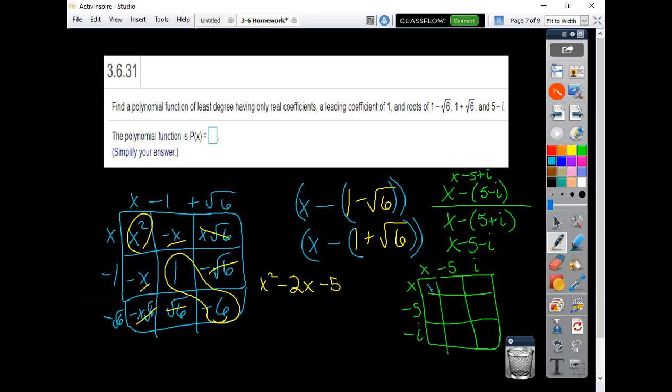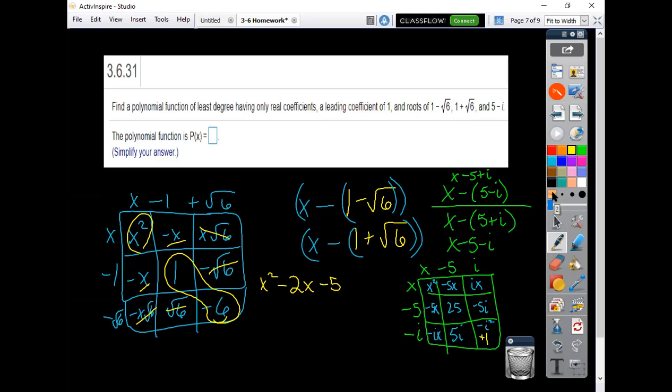So I could have an x squared here, a negative 5x there, and xi or ix, whichever way you like it, negative 5x here, 25 there, negative 5i here, a negative ix here, a positive 5i there, and a negative i times a positive i is a negative i squared, which, since i squared is negative 1, negative negative 1 would be a positive 1.